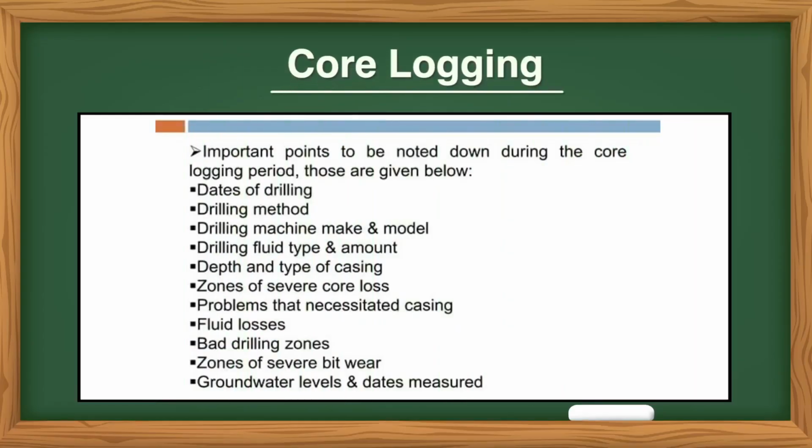First, dates of drilling, next drilling method, drilling machine make and model, drilling fluid types and amount, depth and type of casing, zones of severe core loss, problems that necessitate casing, fluid losses, bad drilling zones, zones of severe bit wear, groundwater levels and dates measured.